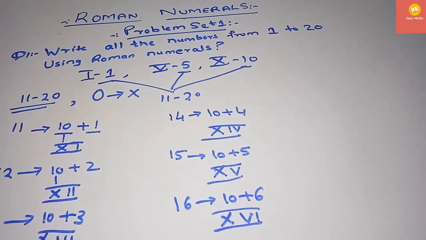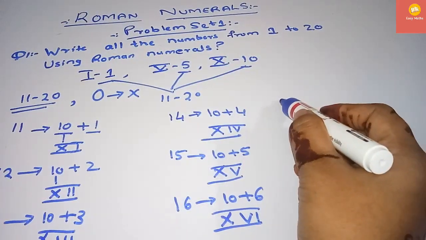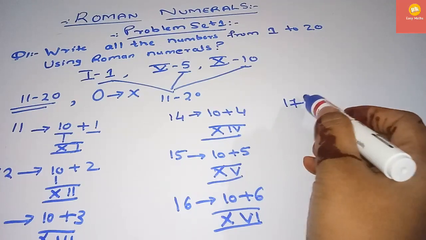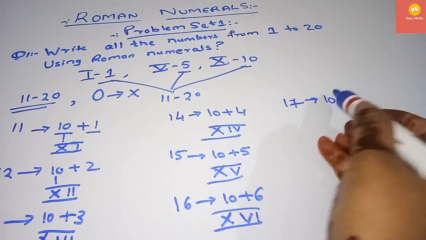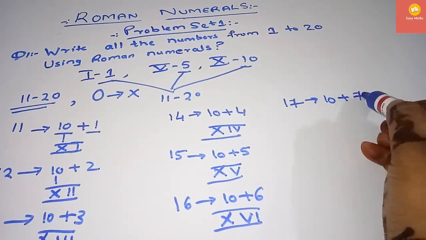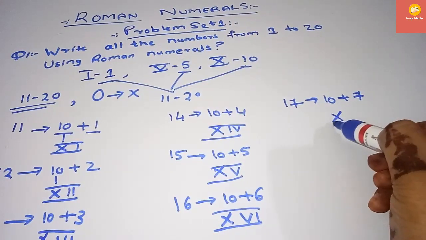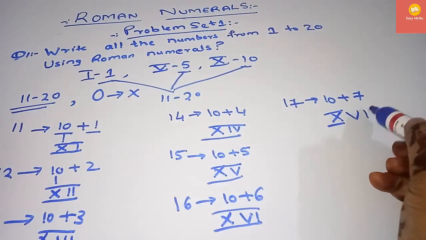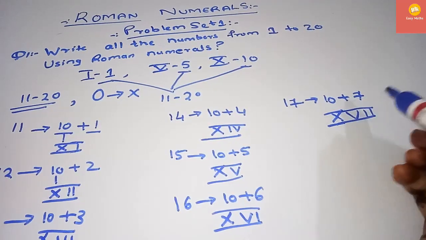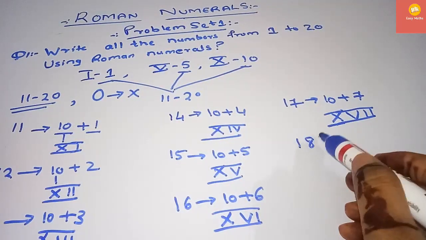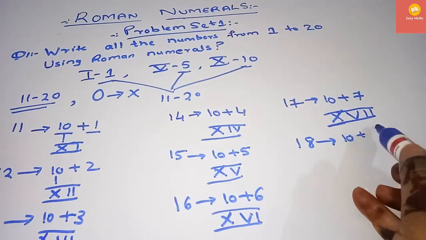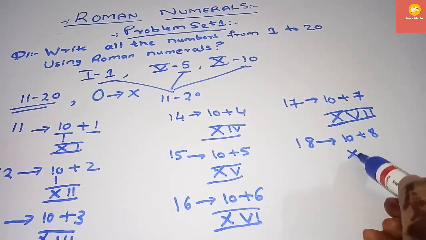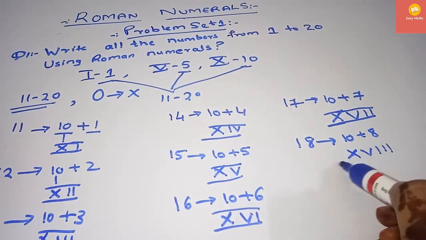Okay. Now 17. 10 plus 7 is 17. 10 is nothing but capital X. 7 is nothing but 5, 6, 7. Okay. 18. 10 plus 8 is 18. 10 and this is 8.